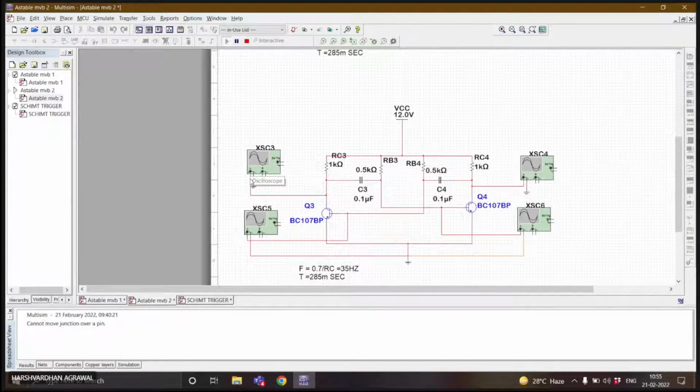The positive side is connected to the collector side of Q3, and the negative terminal is grounded. Connection seems to be fine, but I don't know what is there.